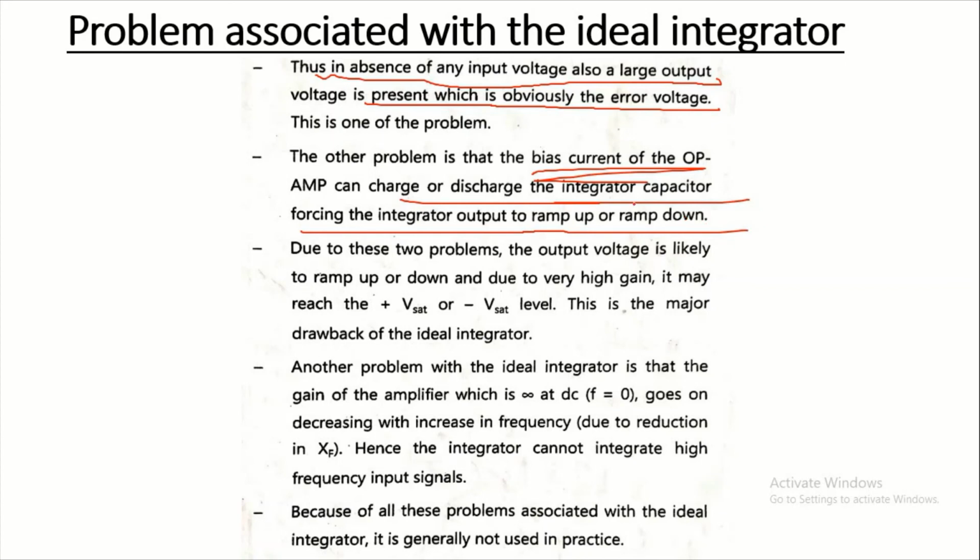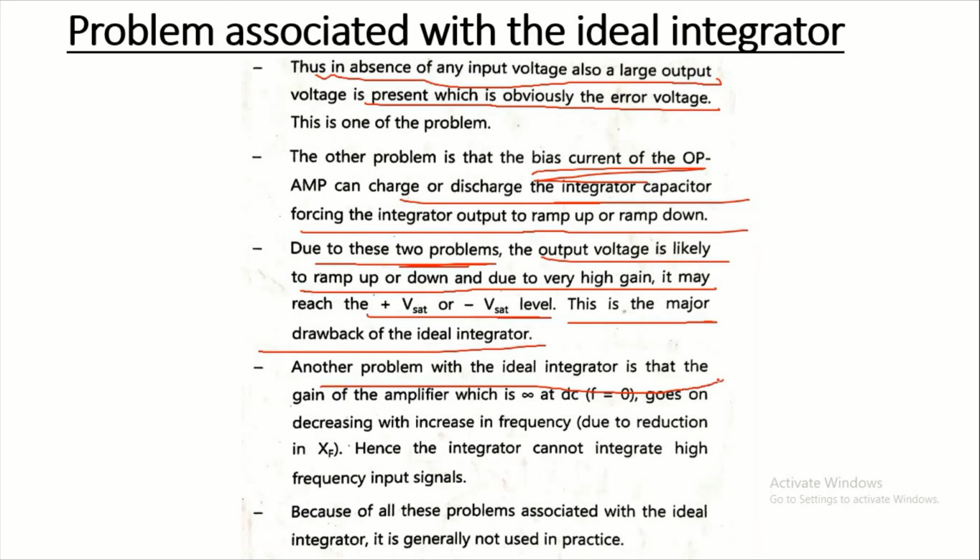Due to these two problems, the output voltage is likely to ramp up or down due to the very high gain. It may reach the V saturation or minus V saturation level. This is a major drawback of the ideal integrator.